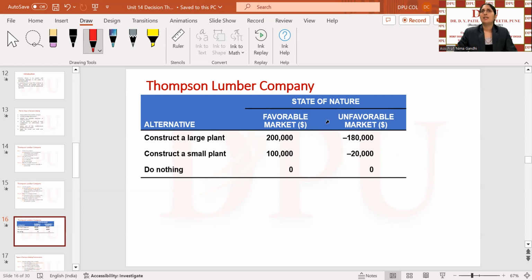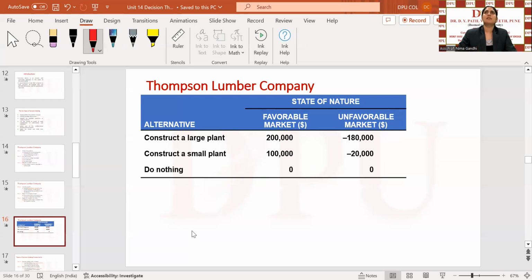And if the market remains unfavorable, at that time they are losing $20,000. If they do nothing, whether the market remains favorable or unfavorable, they are not making any profit or loss. So this is the payoff matrix we have for this particular problem.